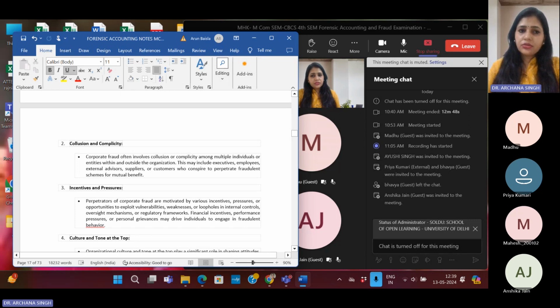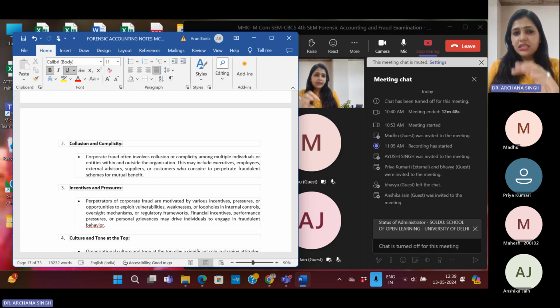Corporate frauds often involve collusion among multiple individuals or entities within or outside the organization. So it may involve executives, employees, suppliers, customers, or external advisors who may conspire to perpetrate fraudulent schemes for their own mutual benefit.